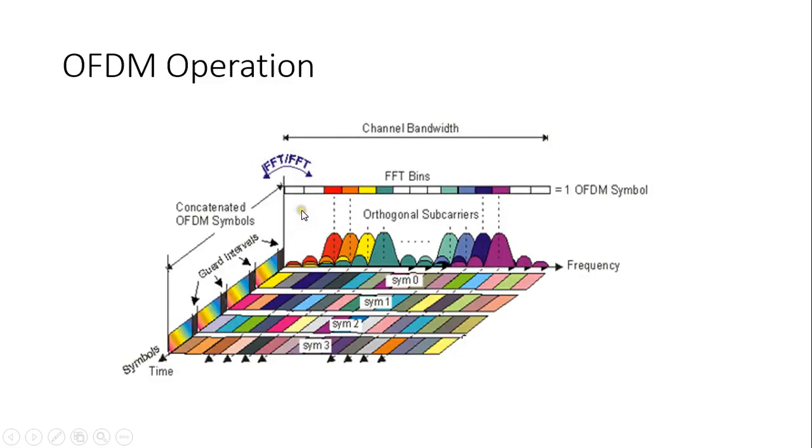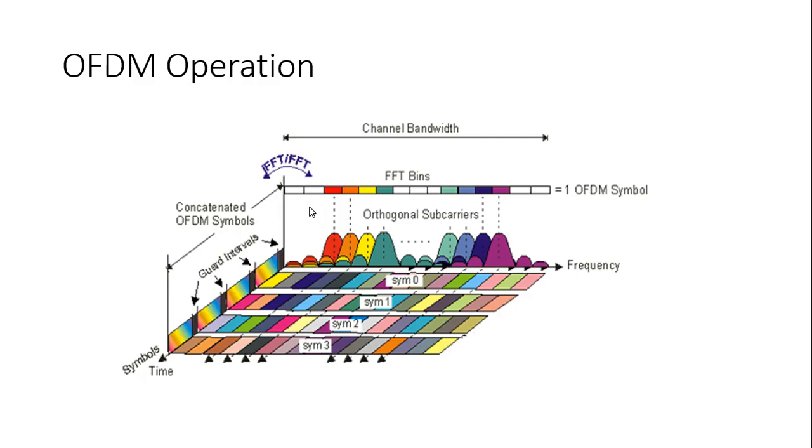And this figure shows the interrelationship between the frequency domain and the time domain of the OFDM system. In the frequency domain, multiple adjacent subcarriers are independently modulated with complex data. And an inverse FFT is performed on the frequency domain subcarriers to produce the periodic OFDM symbol in the time domain.